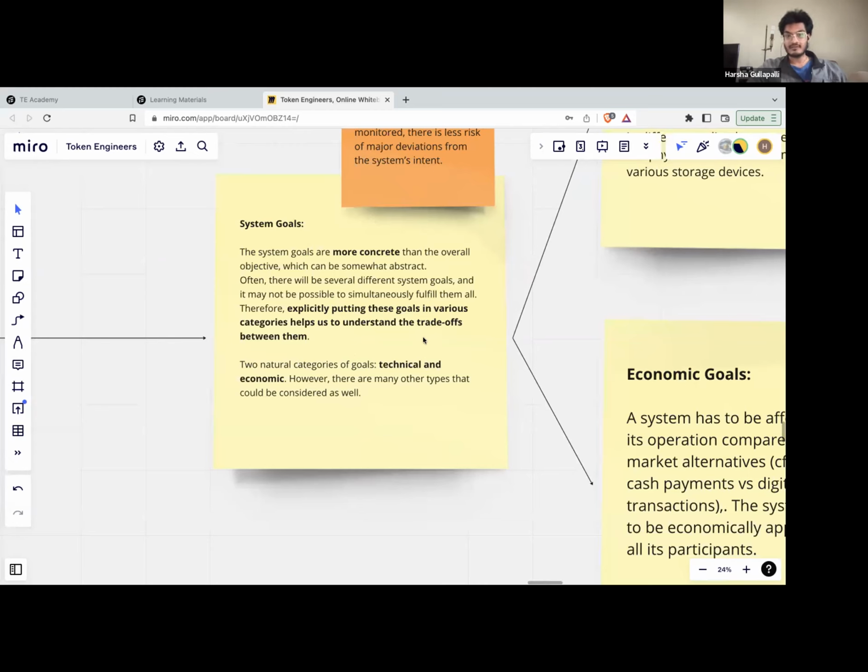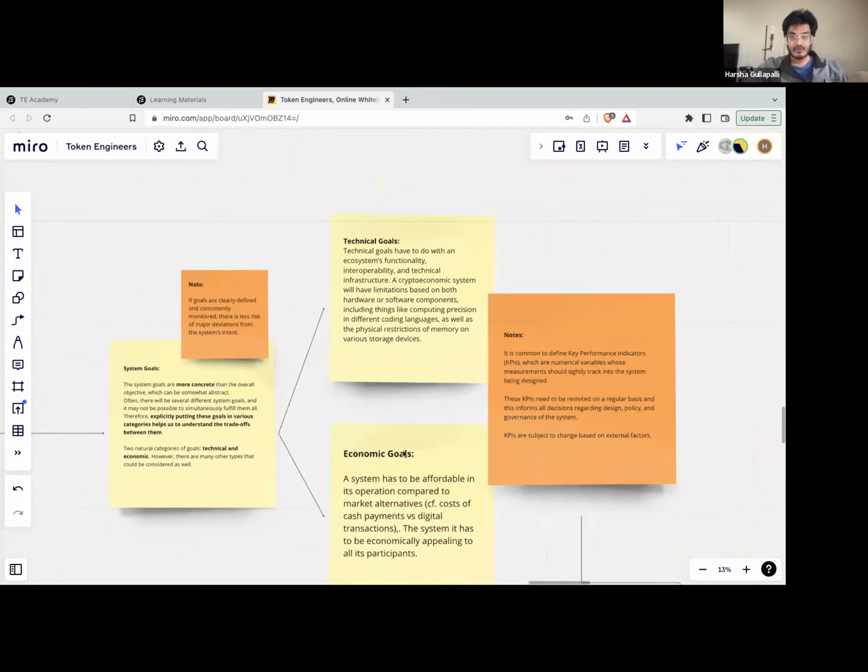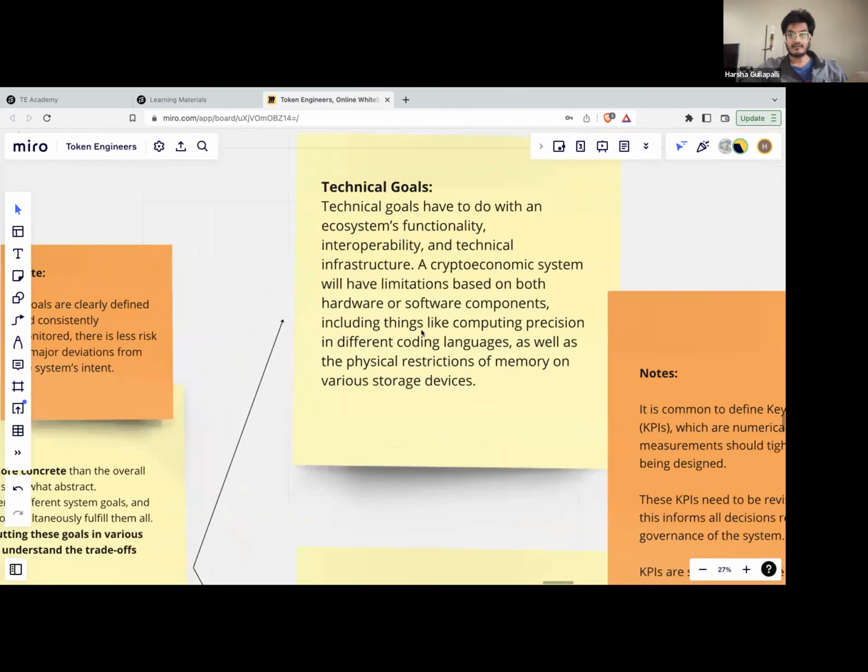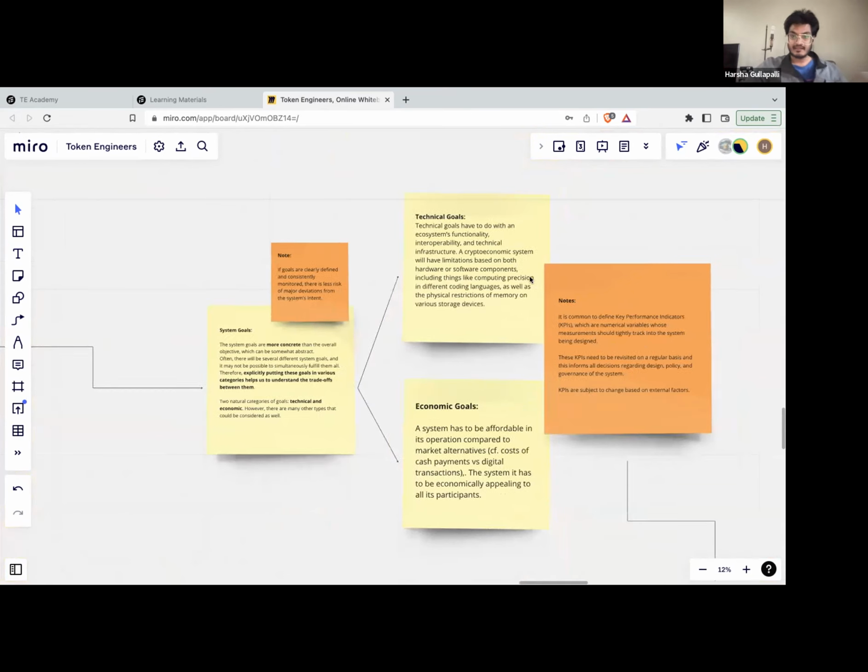Usually the system goals are technical and economic, but depending on what we are doing, there could be others as well. I do not know what the others are because they didn't specifically give examples, but that is something that we as a group have to figure out. Technical goals are basically, we are at the intersection of economic activity, human activity, and technology.